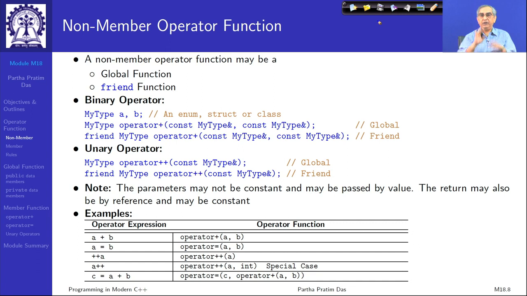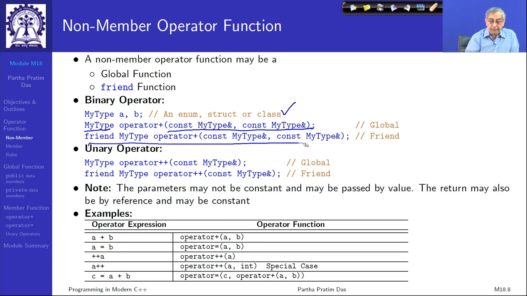They are not necessarily a part of the class. So, if I have a certain type A and B, enumerator, enum type, struct or class, then I can have a global operator plus, which takes two parameters by reference of my type and gives me the result of the addition as a return type.